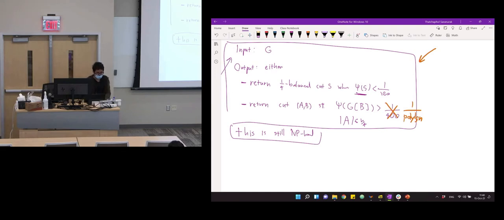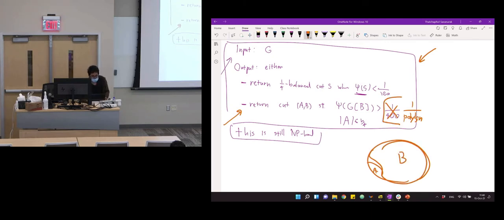Otherwise, the algorithm will return this kind of cut, which means that you get some A and the rest B, where it's not as good an expander as before, but still a 1/polylog expander.